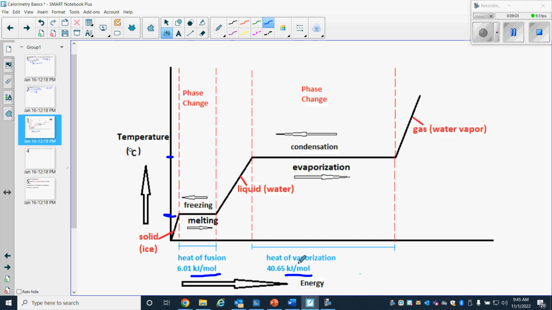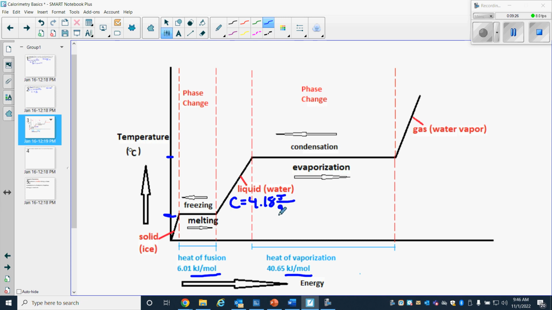You don't have to memorize any of the constants of specific heat or heat of fusion, heat of vaporization. The only one you should know is in the liquid stage. Specific heat for water as a liquid is 4.18 joules per gram degree Celsius.